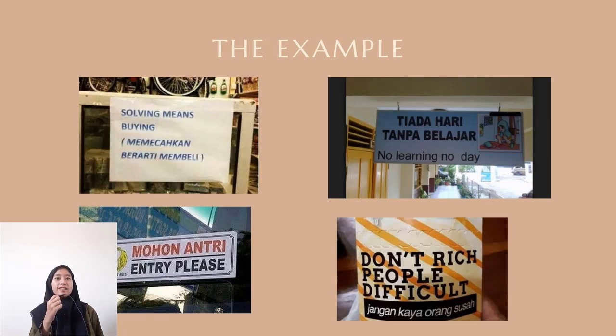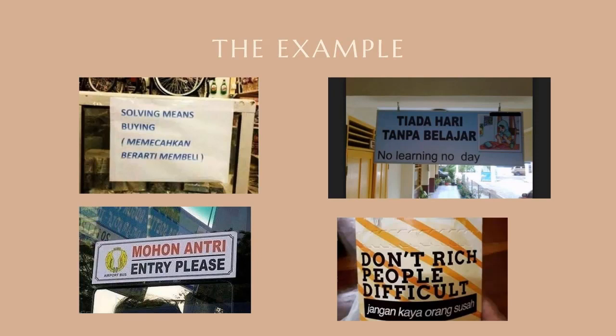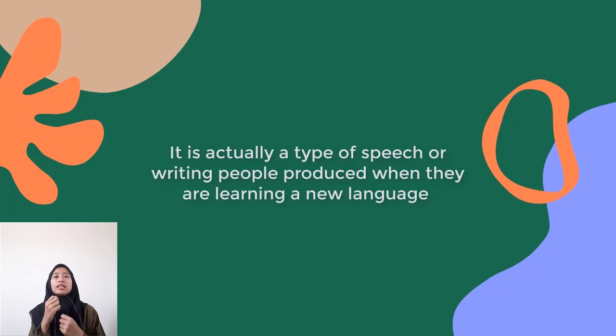Okay, or for another example, you can look at these pictures. Okay, from the example, we can conclude that interlanguage is, first, actually a type of speech or writing people produce when they are learning a new language.